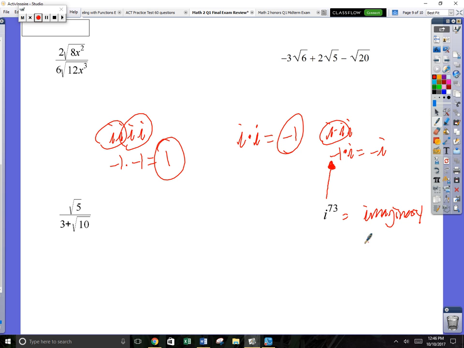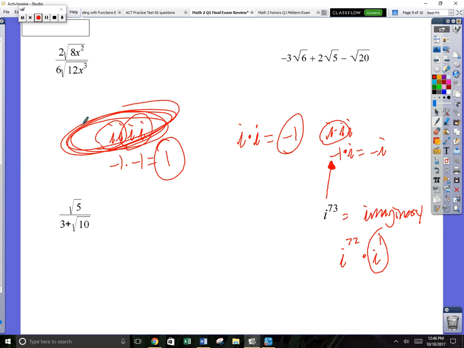So here we go. I'm going to look at it as 72 and 1. So here is my leftover right here. This is what's going to make it imaginary. So Jake says this, every 4 imaginaries is positive, so he is wondering if there are an even amount of 4s in 72.